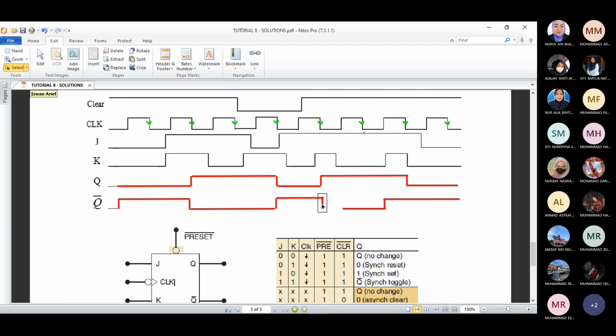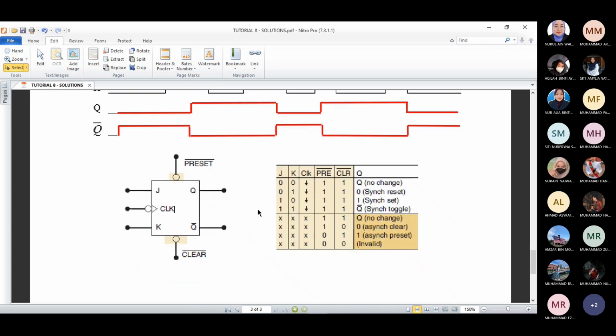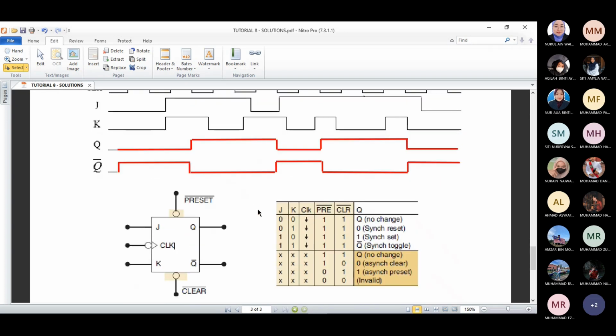Okay, just terbalikkan apa yang you dapat dekat Q untuk dapatkan Q bar. Okay. So, 0, 1, 1, 0. Okay, kita balikkan saja Q. Dia akan dapat Q bar. Okay.